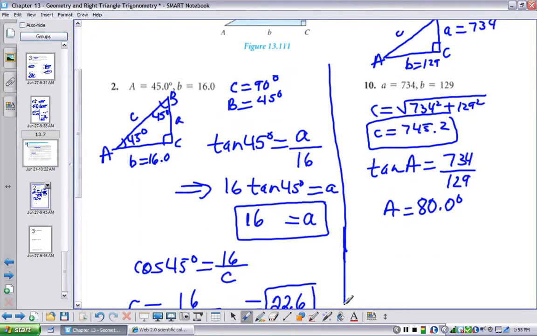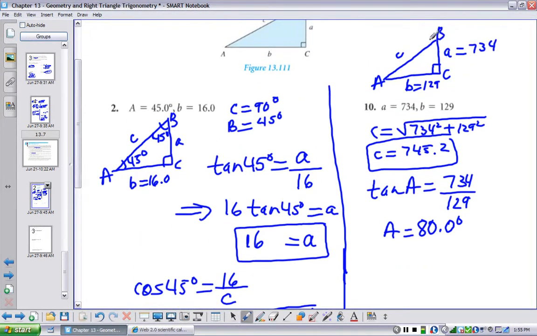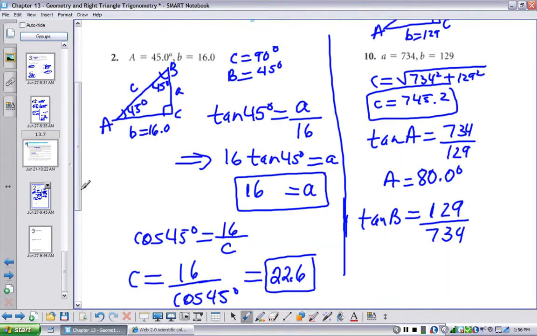And to get B, you have, again, opposite over adjacent. So tangent B, the opposite side is 129. The adjacent side is 734. So B is going to be inverse tangent of 129 over 734, and that's 10.0 degrees.